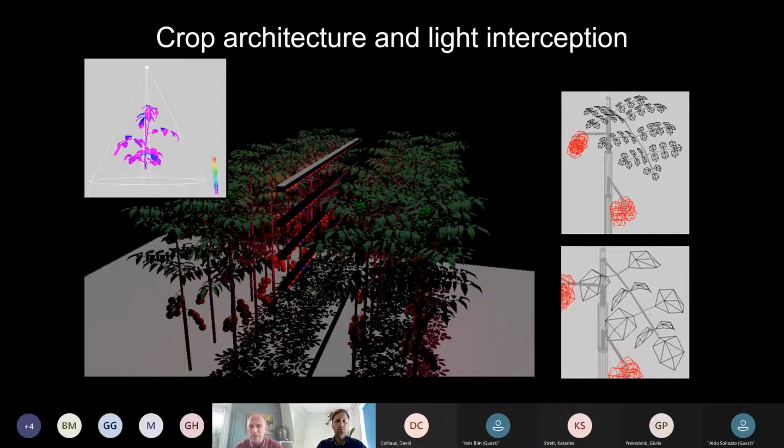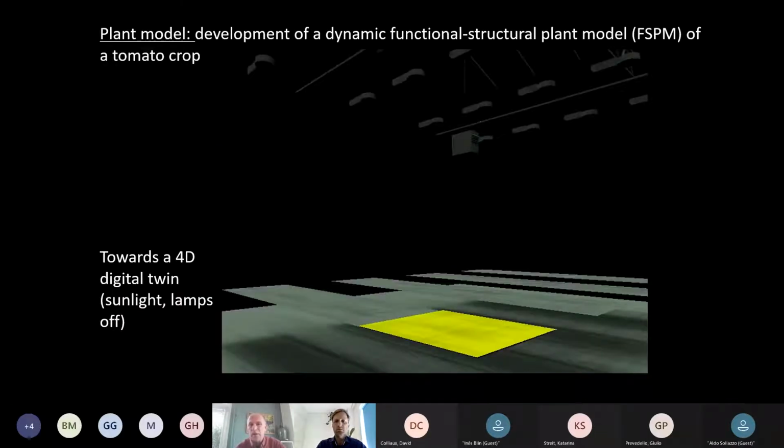Okay, in the next slide, you will see that we now have a sort of 4D approach. It means you can see the plants grow in the greenhouse, and that is what the digital twin is about. It is basically what we call a functional structural plant model, FSPM, where we have the function, like photosynthesis and growth, and the structure, like the geometry of the leaves, put together and made into a living digital thing.